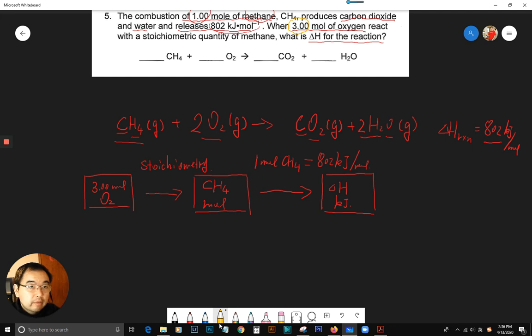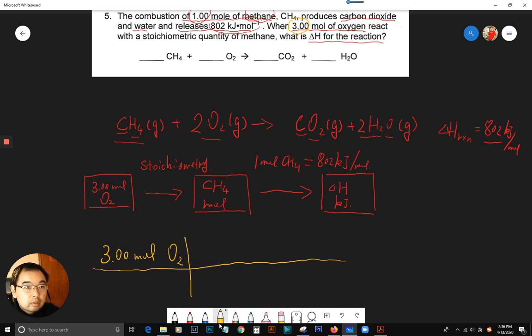What's the question given? The question gives 3.00 moles of oxygen. Okay, so based on the moles of oxygen, we figure out the moles of methane. In this reaction, 2 moles of oxygen react with 1 mole of methane.